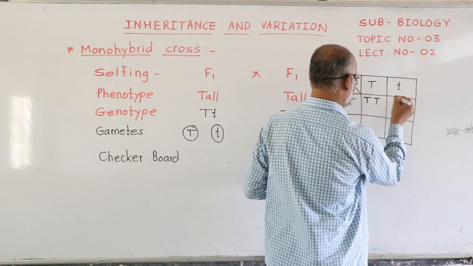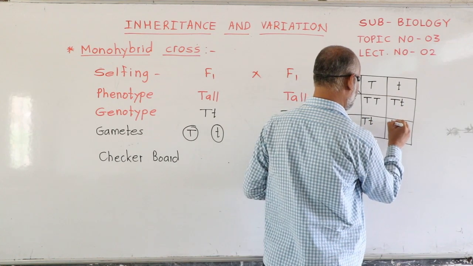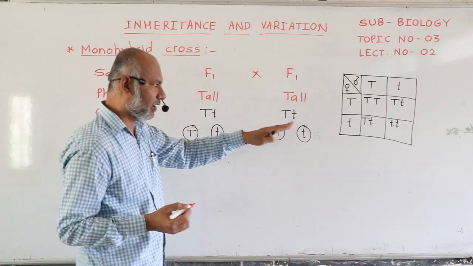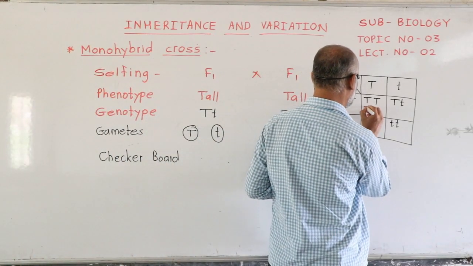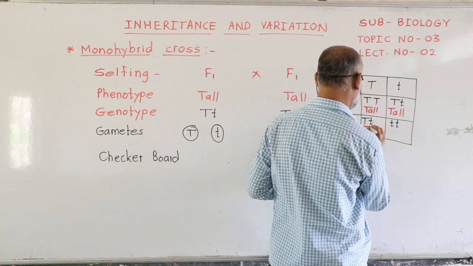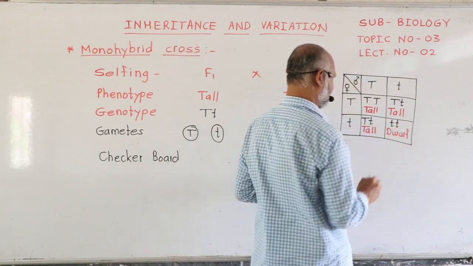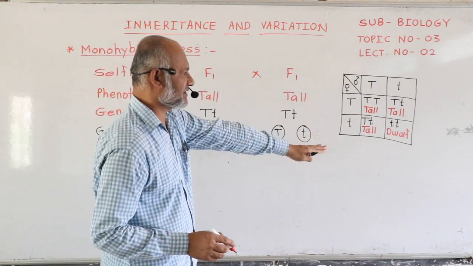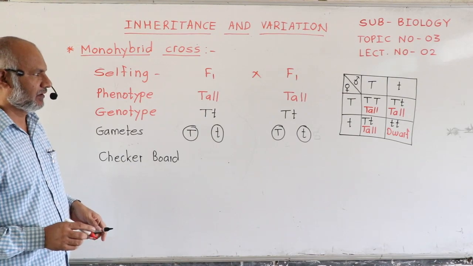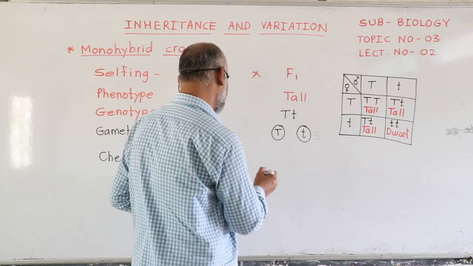Now the phenotype: these are tall plants, these are also tall plants, these are also tall, and these individuals are dwarf. Okay. Such a representation is termed the Punnett square method, or checkerboard method. Now from this cross, we have to identify the ratios, the phenotypic ratio and the genotypic ratio.